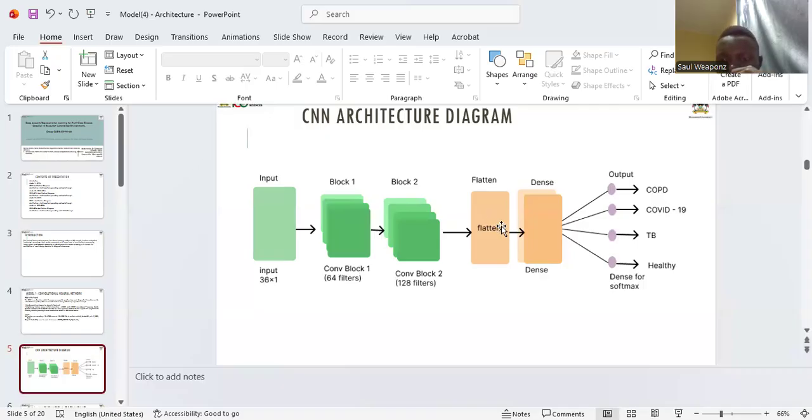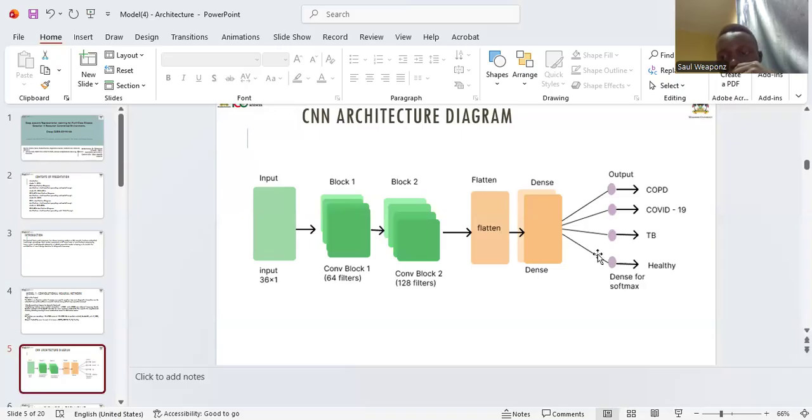Then we have dense 128, which deals with the combination of all the detected patterns. We also have a dropout of 0.4, which is a bit higher than the dropouts at several other levels. This dropout helps in avoiding overfitting, preventing memorization by the model.